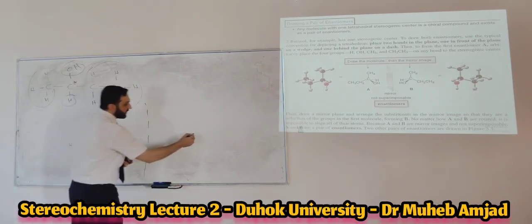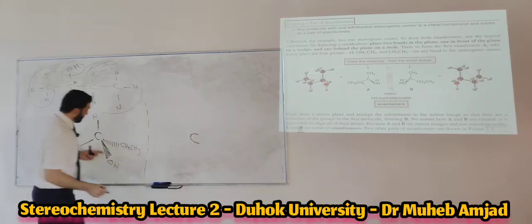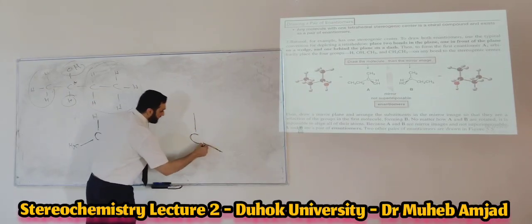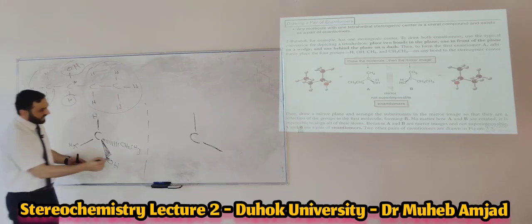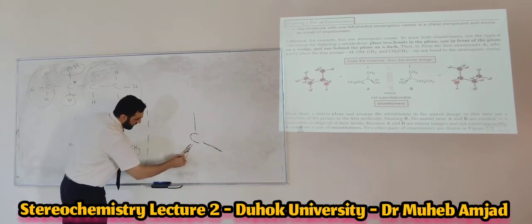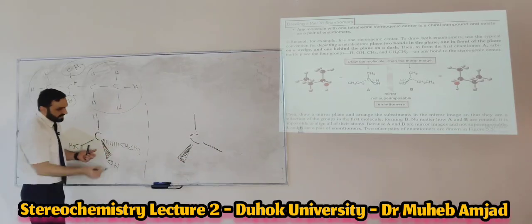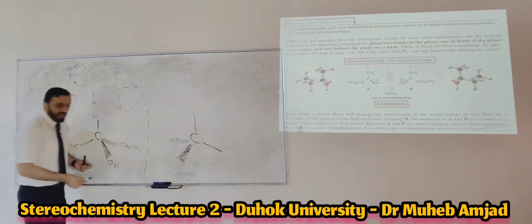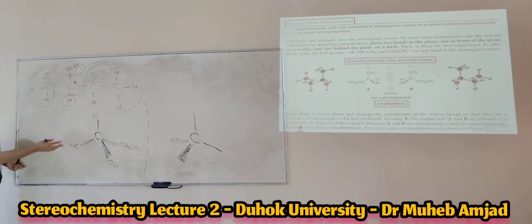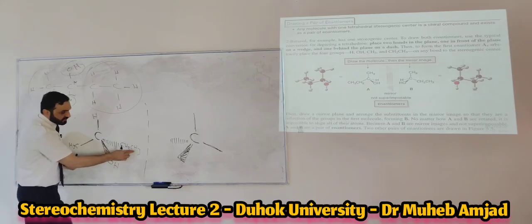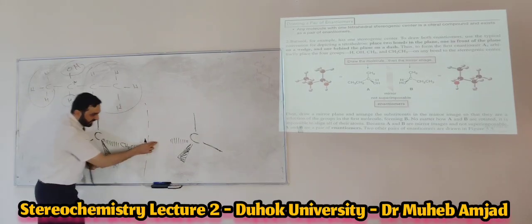Okay, put bonds: 2 bonds here, 2 bonds like this, and the second like that. This is the third bond, and this is far from you, the last bond. Okay. Now, to draw the mirror image, this part will be exactly the same. That means CH2, CH3 will be here.